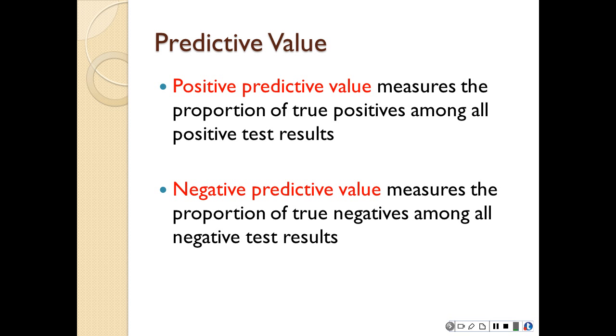So that's different from sensitivity. Remember, with sensitivity, we're talking about given that you have the disease, what's the probability that the test is picking you up, that the test is identifying you? With positive predictive value, we're saying, okay, given that we know you have a positive test, how likely is it that you actually have the disease? And negative predictive value is essentially the opposite. Given that we know you had a negative test, how likely is it that you do not have the disease?